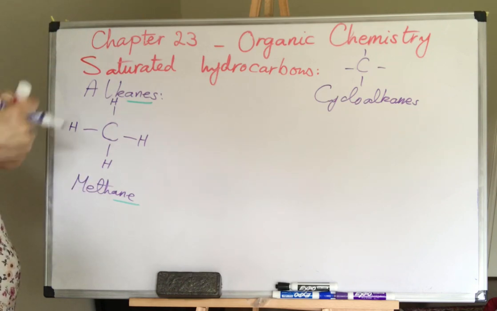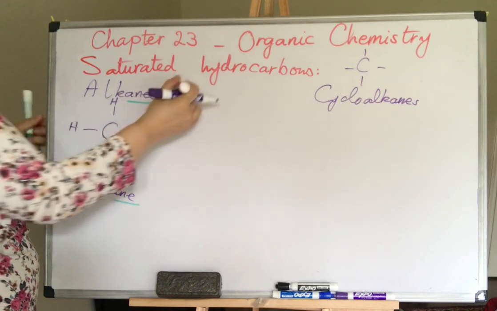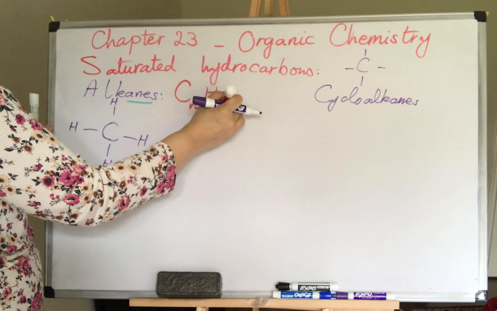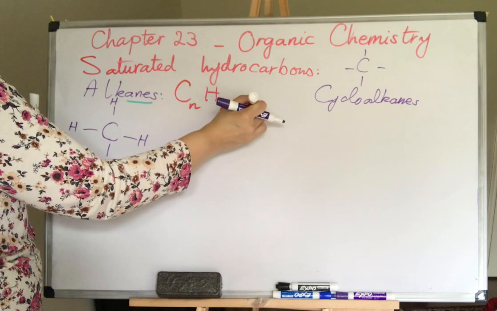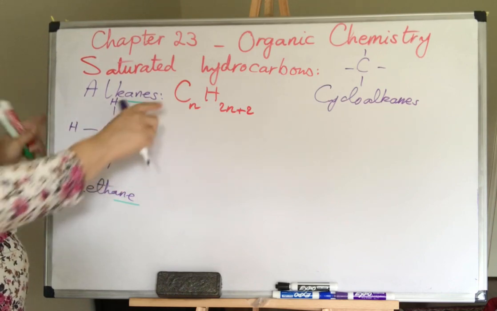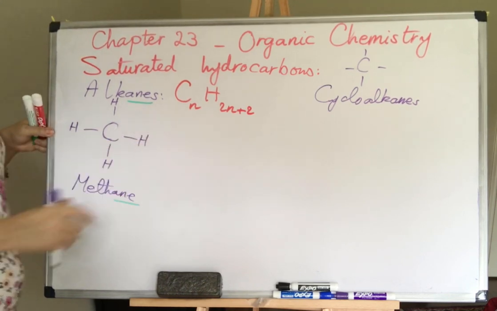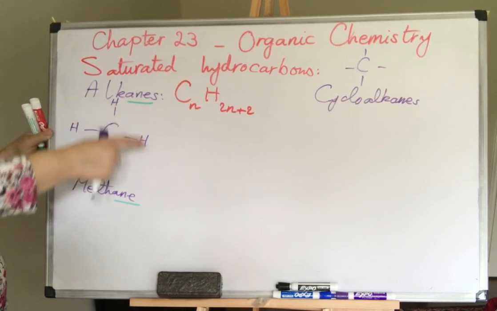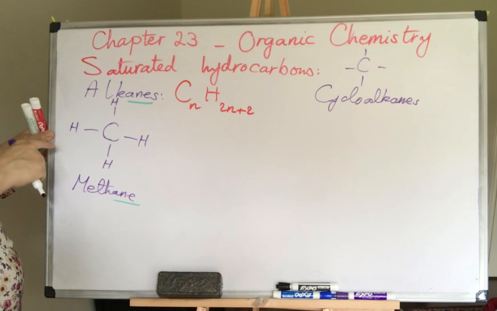One of the things that you definitely need to know about alkanes is that their formula is CnH2n+2. It means they have carbon and hydrogens, but if you consider n carbon atoms, you will have 2n+2 hydrogen atoms. Let's apply it on this methane molecule and experience it.